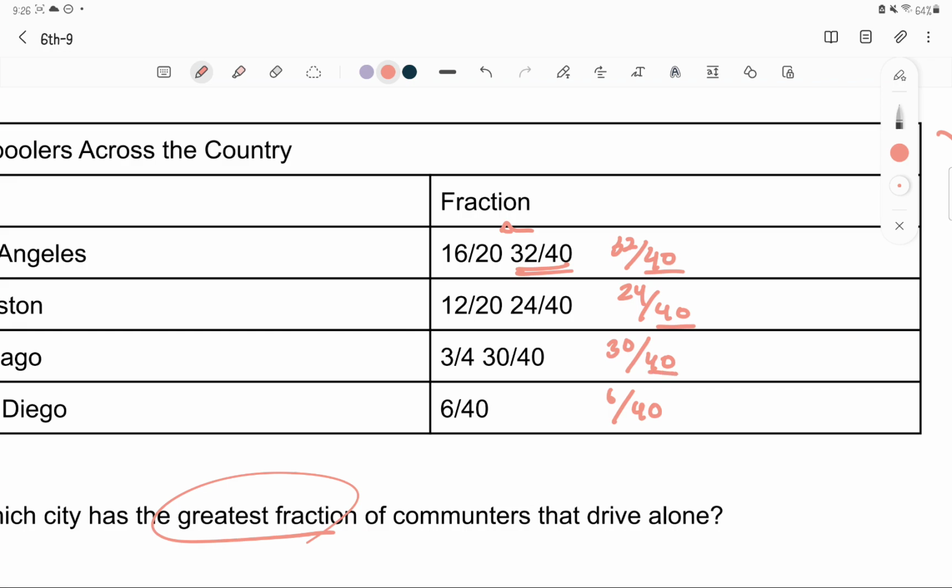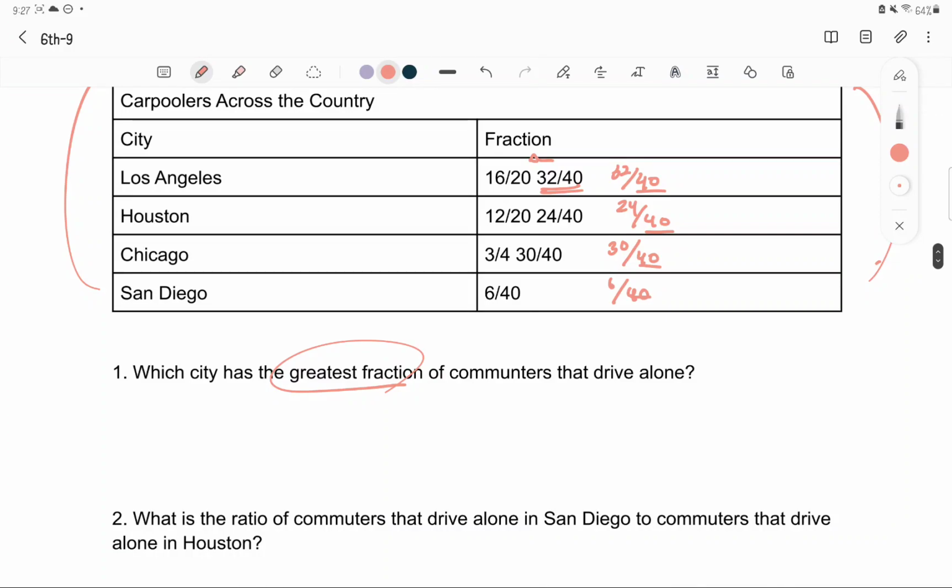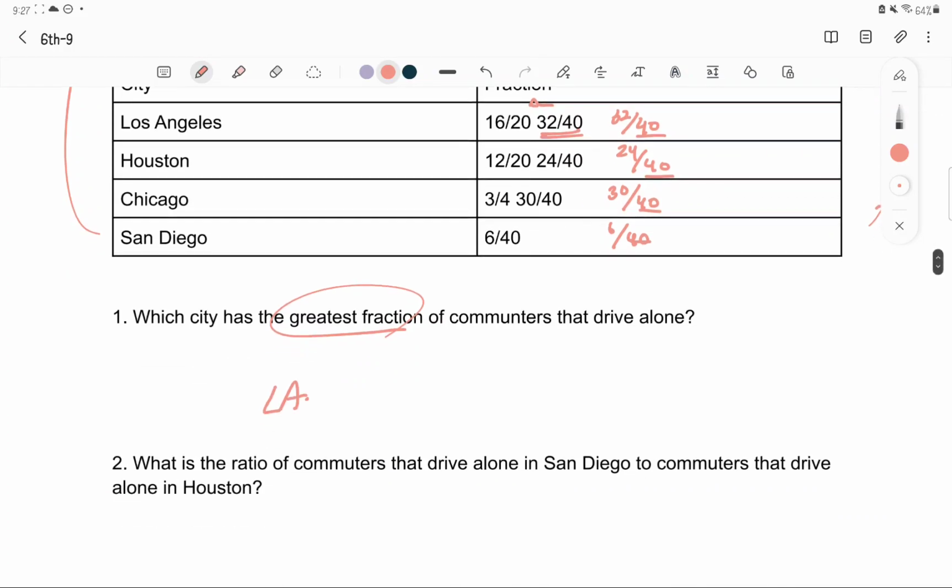All the bases are the same, which means that we can compare, contrast, subtract, or add. So the greatest fraction is Los Angeles with 32, and the others have 24, 30, and 6, which are less than 32. Next, the ratio of San Diego to Houston.